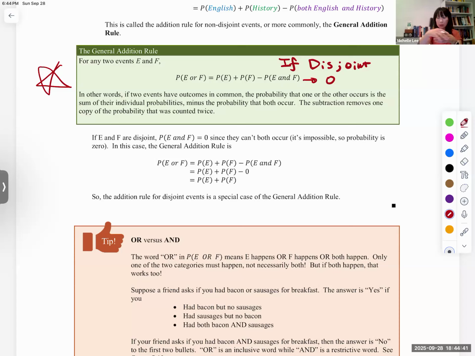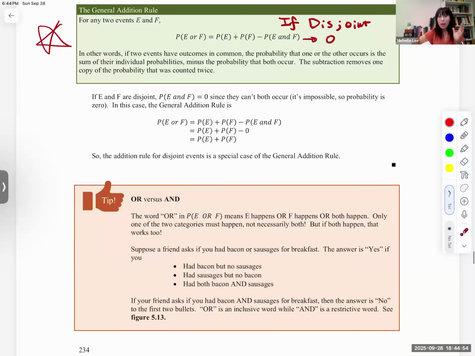So this part is 0, not disjoint, then there is some numbers, right? Yeah, there we go. So they mentioned it here too. Yeah. Okay. Or versus and.